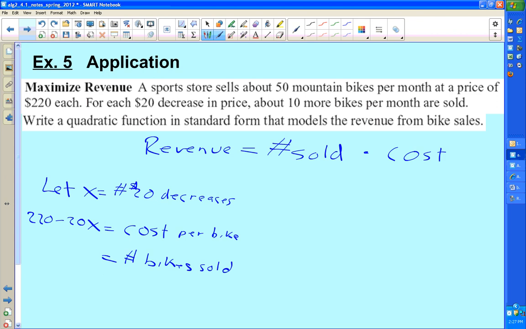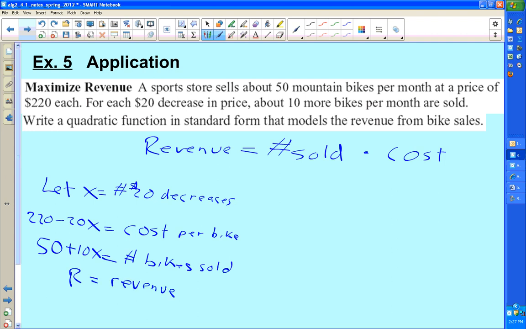I can't just write a floating plus 10 out there. How many bikes, not what's the cost? Number of bikes sold. 50 is your starting amount, and for every X, we're going to increase by 10. So 50 plus 10X. And let's call R the revenue.